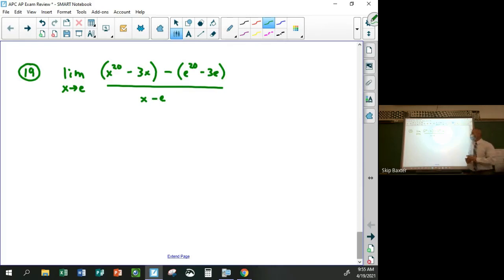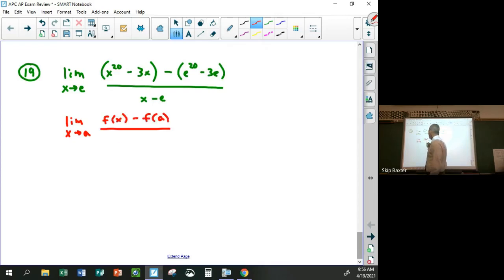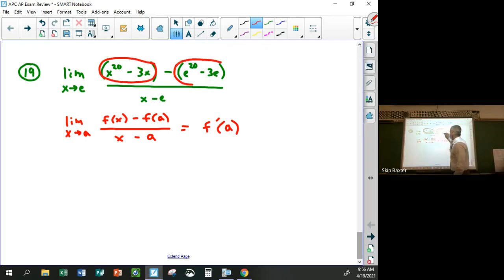Yeah, limit definition of derivative. Remember, this is like the second form of it. It's the limit as x goes to a of f of x minus f of a over x minus a. This is f prime of a. And that's what we have here. This is f of x. This is f of a. And a is e, right?